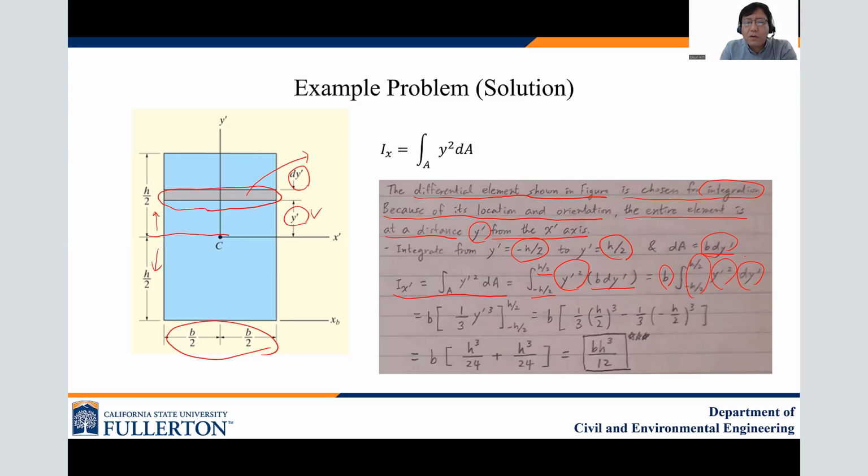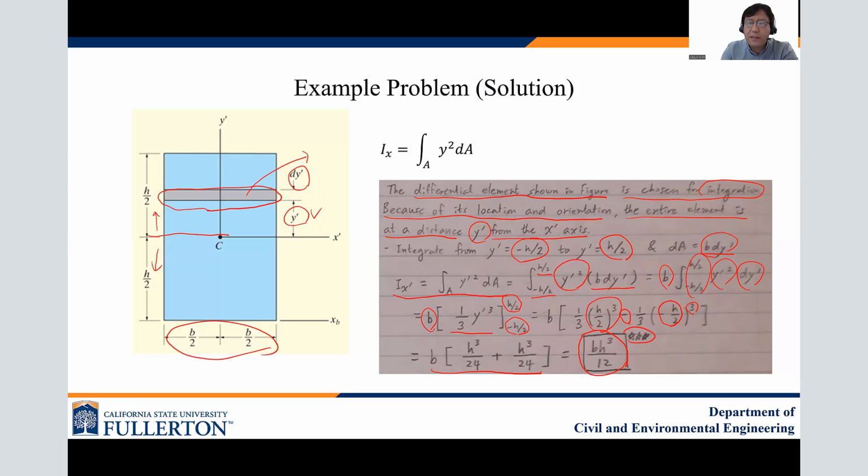This is a polynomial integration. The integral of y prime squared is 1/3 y prime cubed, times the constant b, over the range minus h/2 to h/2. Then you plug in 1/3 (h/2) cubed minus 1/3 (minus h/2) cubed. The final answer is b h cubed divided by 12.